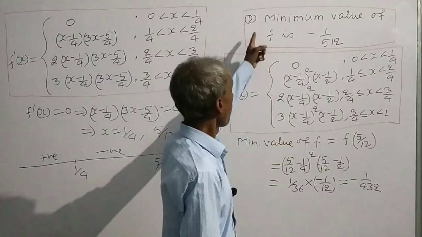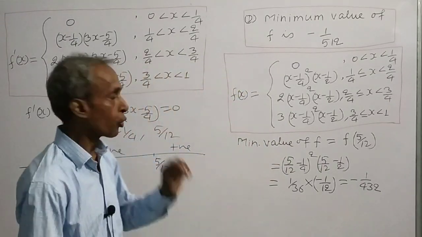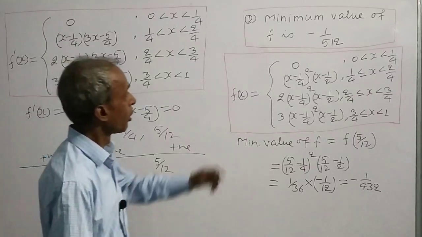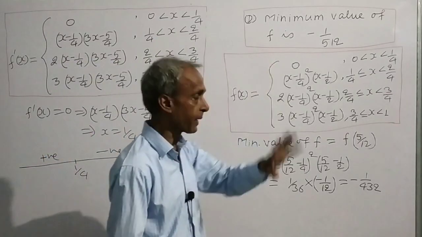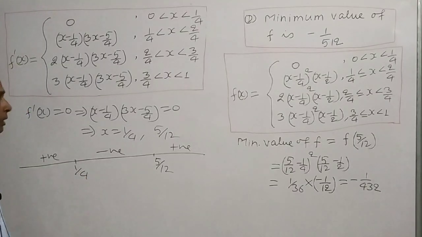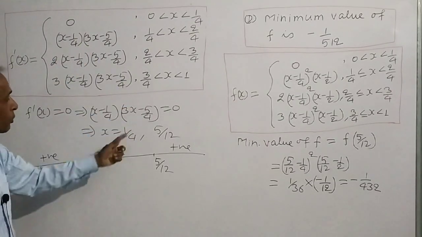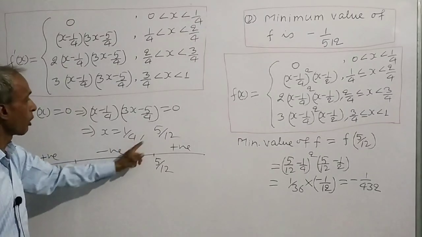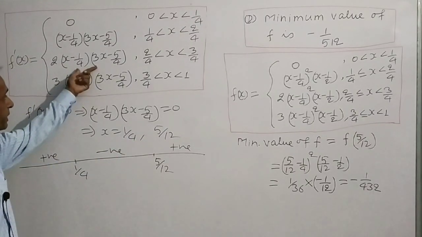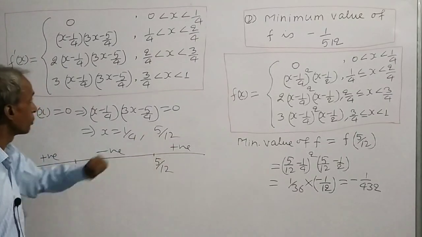To check option D, we will have to find the minimum value of function f(x). For this purpose, we write f'(x) equal to 0. When this is equal to 0, we get 2 values of x. When this is equal to 0, then also we get 2 values.